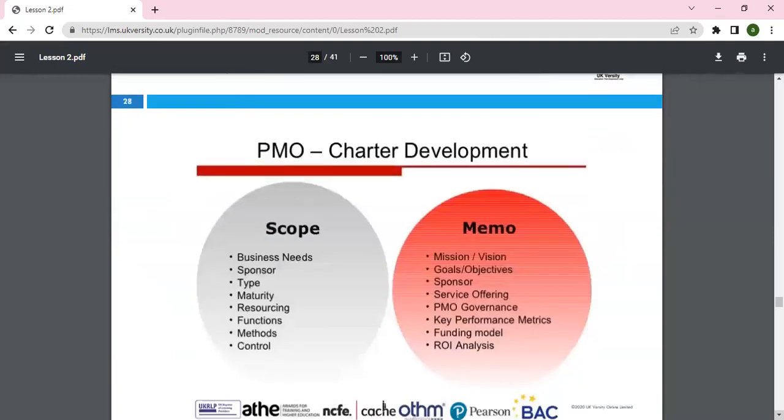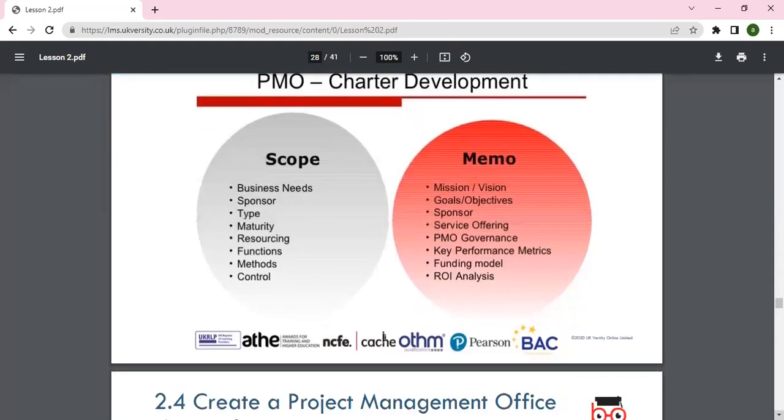When we look at the scope and memo, the business needs a sponsor who is going to sponsor the function. The memo needs missions and values, and should include the performance metrics: who is going to measure and what will be measured.